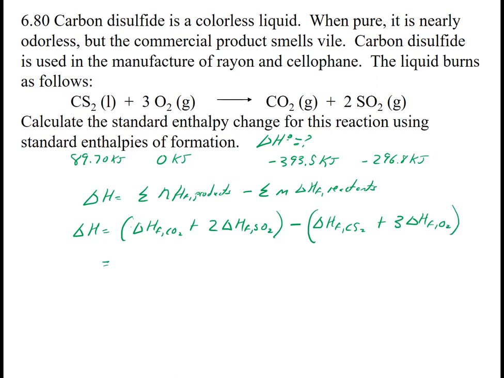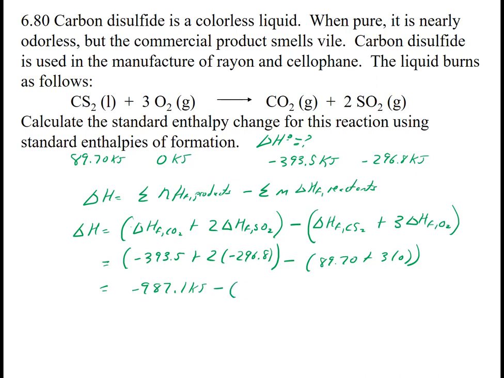Okay, and now that I have this formula, I just plug in the numbers. So I have a negative 393.5 plus 2 times a negative 296.8, minus 89.70 plus 3 times 0. When I add these two up together, I get a negative 987.1 kilojoules, minus, and of course 3 times 0 is 0, so this just becomes 89.70.